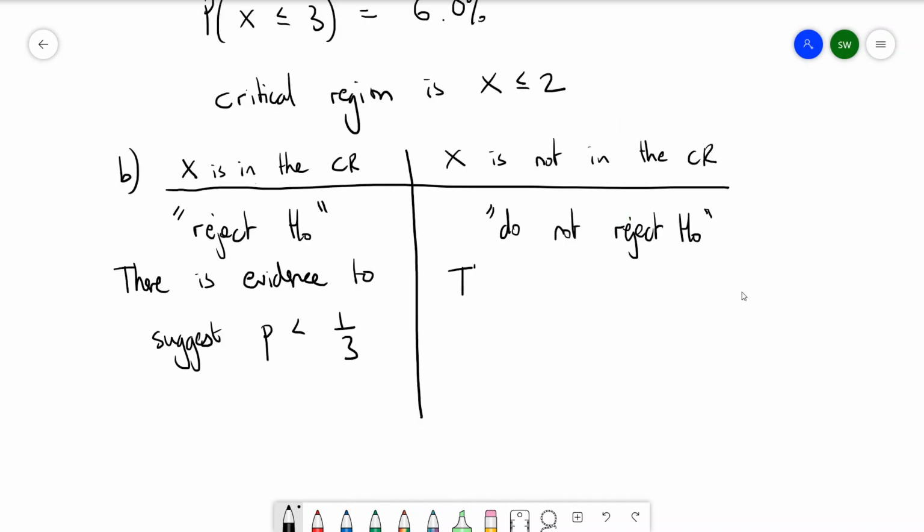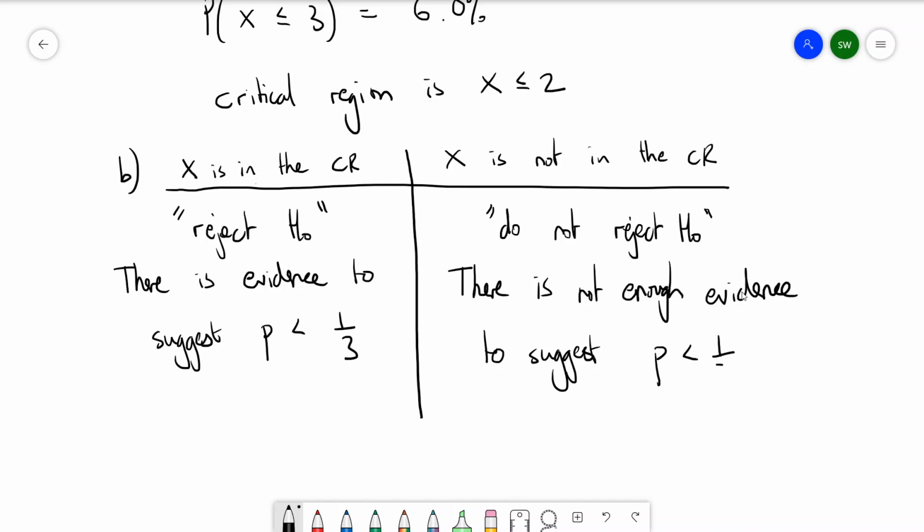So all we're going to do is say there is not enough evidence to suggest p is less than a third. And notice that both of these are related to the alternative hypothesis. It's either is there enough evidence to support H1 or is there not enough evidence to support H1.